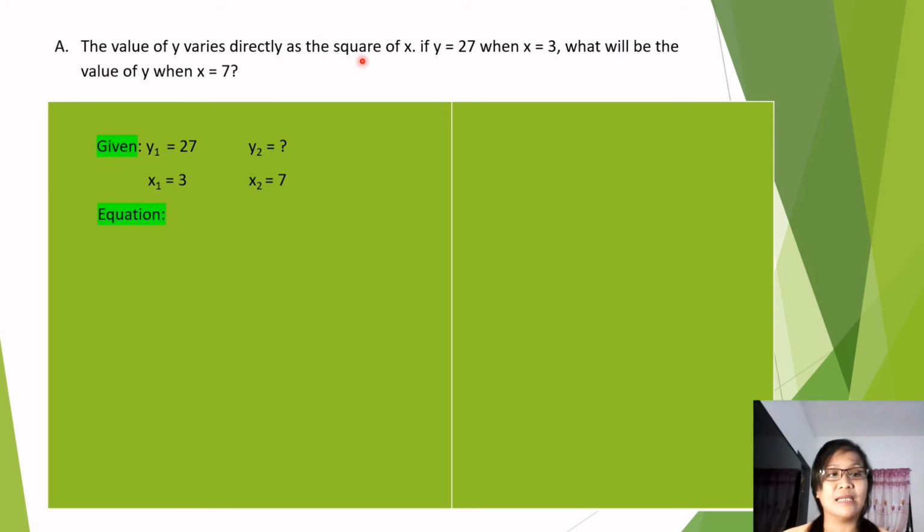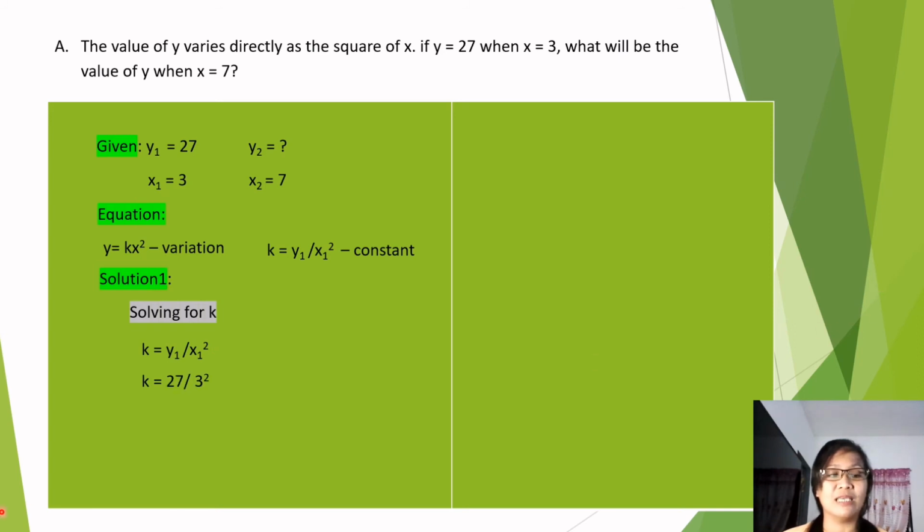Y varies directly as x squared. So we have y is equal to kx squared for the variation. And for the constant, we have k is equal to y sub 1 all over x sub 1 squared. For our solution in finding k, we have k is equal to y sub 1 over x sub 1 squared.